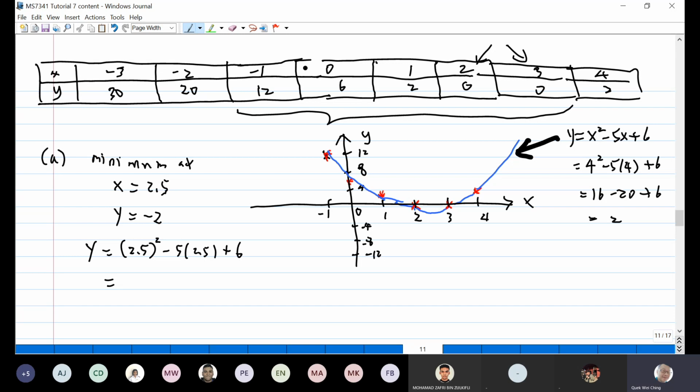Wow, it's actually minus 1/4, not minus 2. So I estimated too fast. By calculation, this is the smallest value. The graph is not so low, it's actually slightly above here. So you can always use calculation to check. It's minus 1/4.